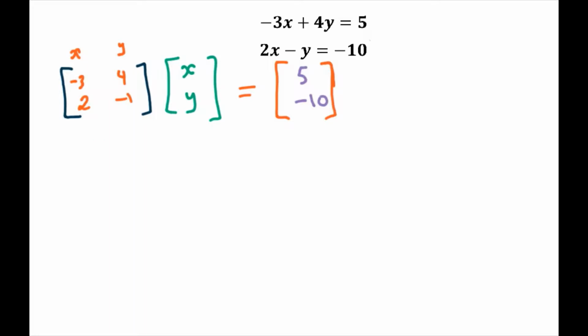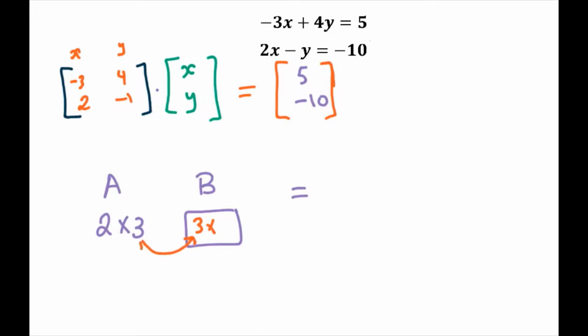Now, you need to know something about multiplying, and there's a multiplication here for sure. You need to learn something about multiplying matrices. If I have a matrix of size 2 by 3, and I want to multiply it by another matrix and find the result, I can only multiply it by a matrix whose number of rows is the same as the number of columns in A. So if the number of columns in A is 3, then B should start with 3 rows.